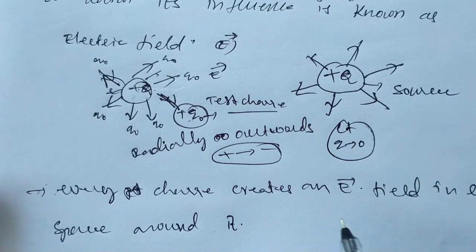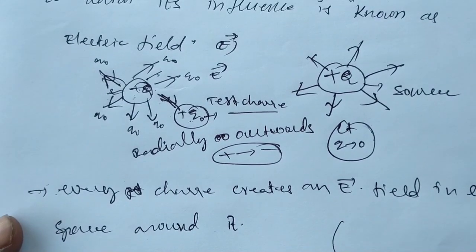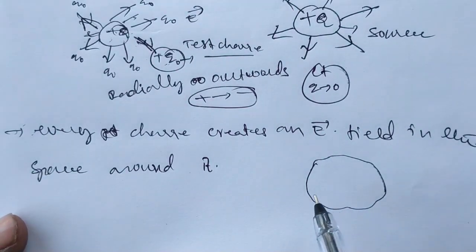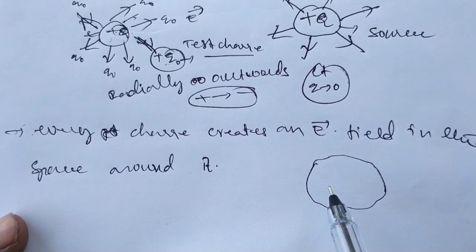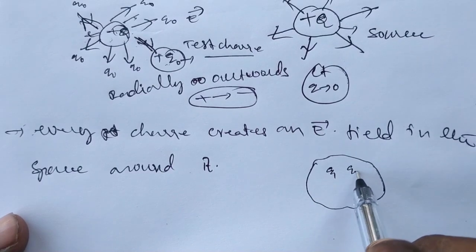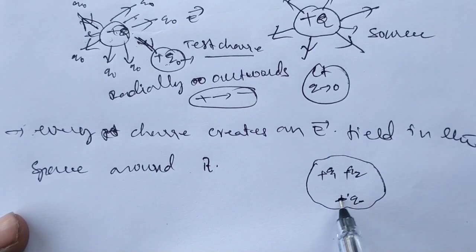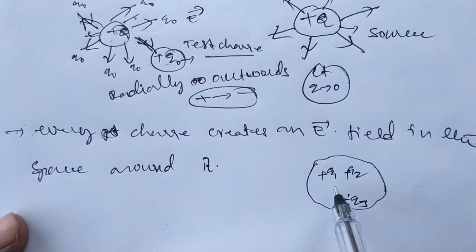That is, suppose one space or one body, one system, with charges q1, q2, that is plus, and another charge q3.